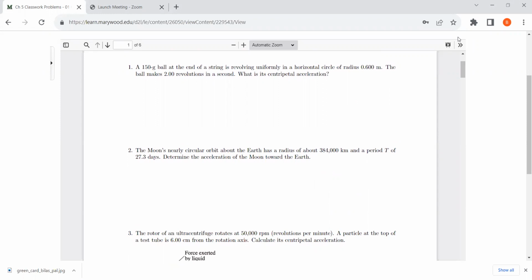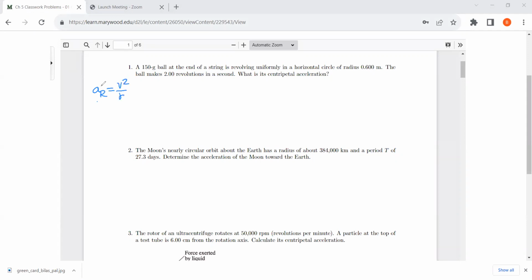Here it asks us to calculate the centripetal acceleration. So what is the centripetal acceleration? If you remember from the theory class, the definition of the centripetal acceleration is a_r equal to v squared over r.